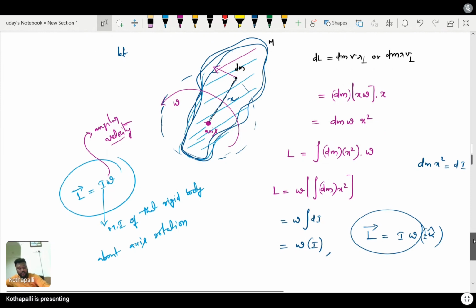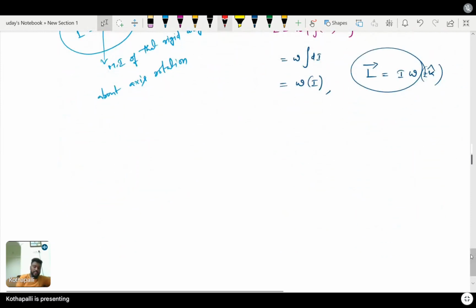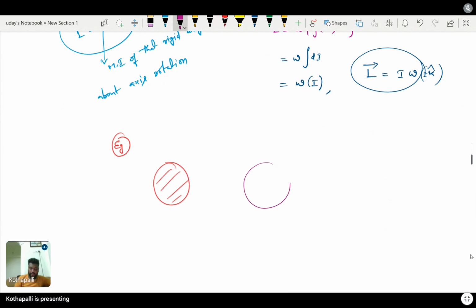For this example, tell me, you have to say the answer. If I take a disk or a solid sphere of mass m and radius r, rotating about its own axis, tell me what is the angular momentum.